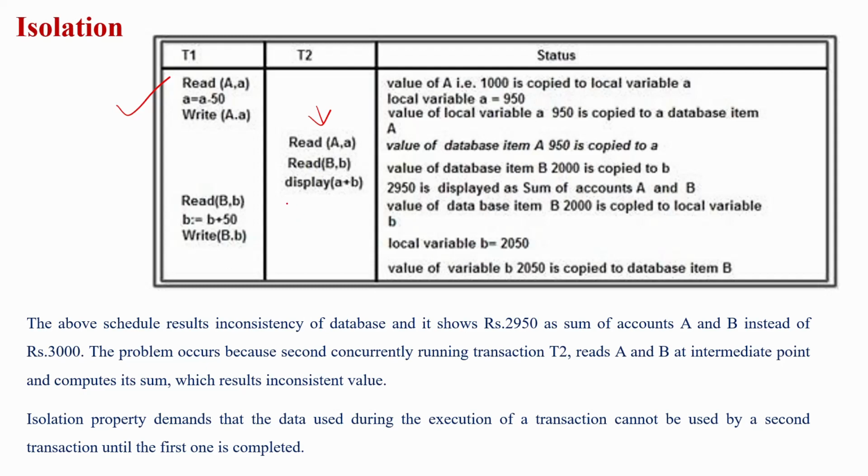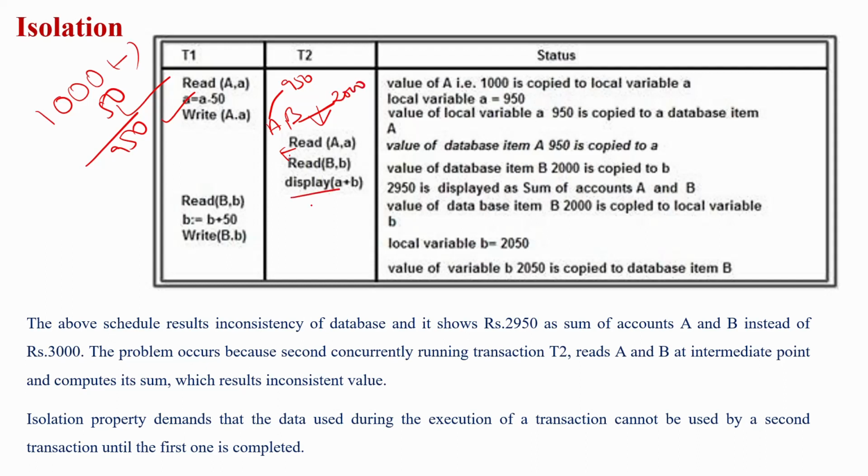For example, 1000 minus 50 gives 950 after the completion of the transaction. In between, T2 is accessing A and B. The current value of A is 950 and the current value of B is 2000.